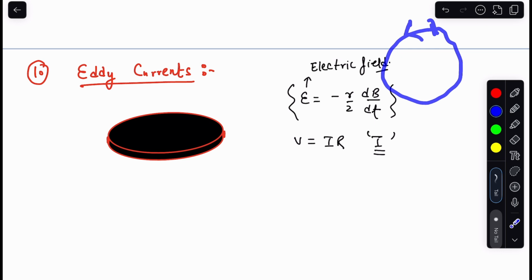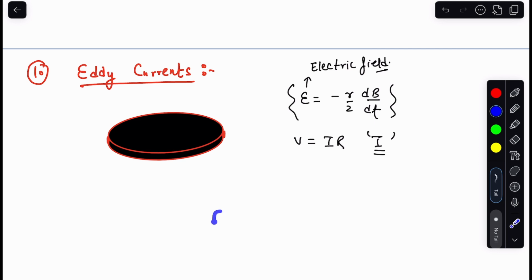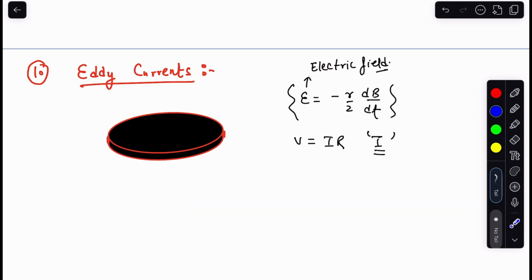So here the electric field becomes non-conservative. It is not conservative because it forms a closed loop, and that's why if we calculate the curl of that electric field, it is going to be non-zero. So it is a rotational field, and that is why it is non-conservative.